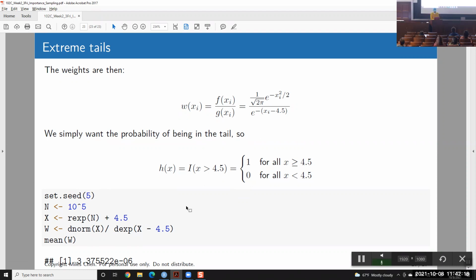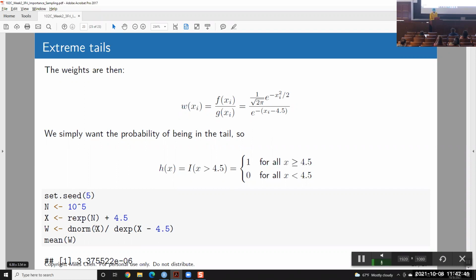At this point, what is the h? It's basically going to be 1. It's 1 for all values over 4.5, and all of my values are over 4.5, because when I generated my random exponentials the smallest value is 0, and I've added 4.5. So every single one of these is over 4.5. Now I'm going to weight them according to my weights.